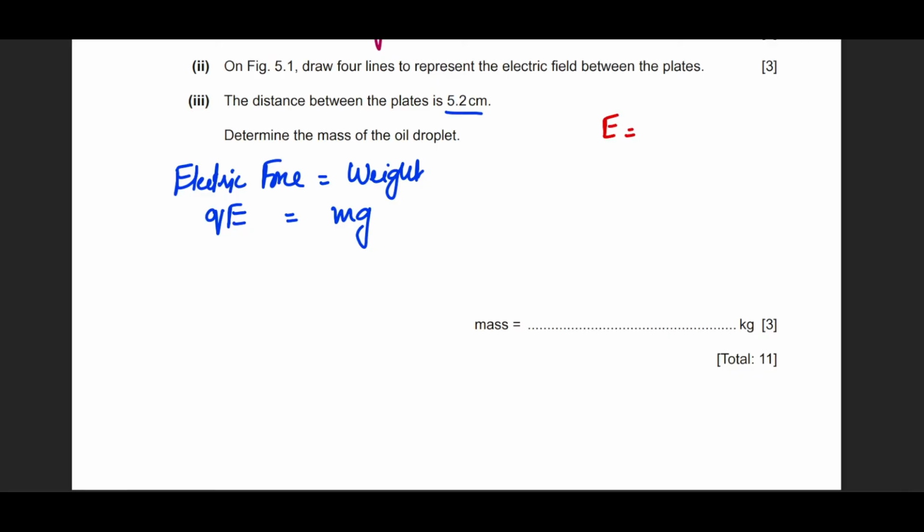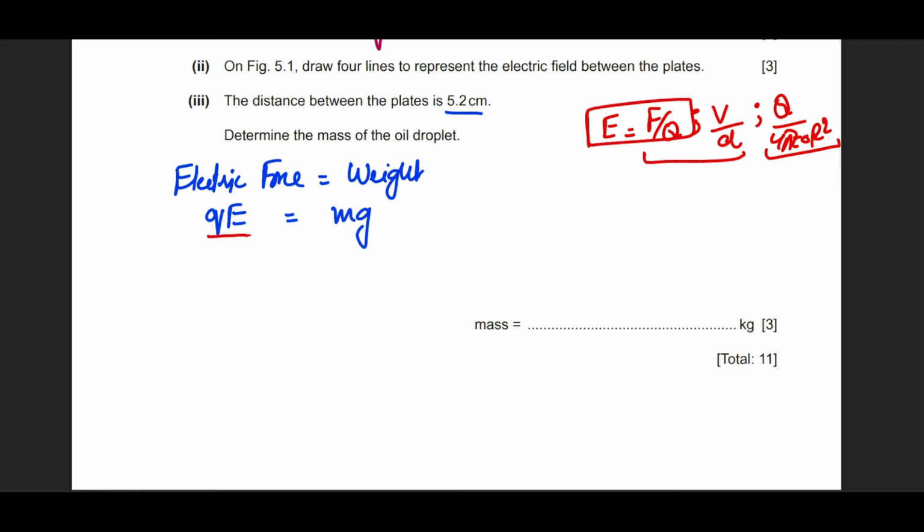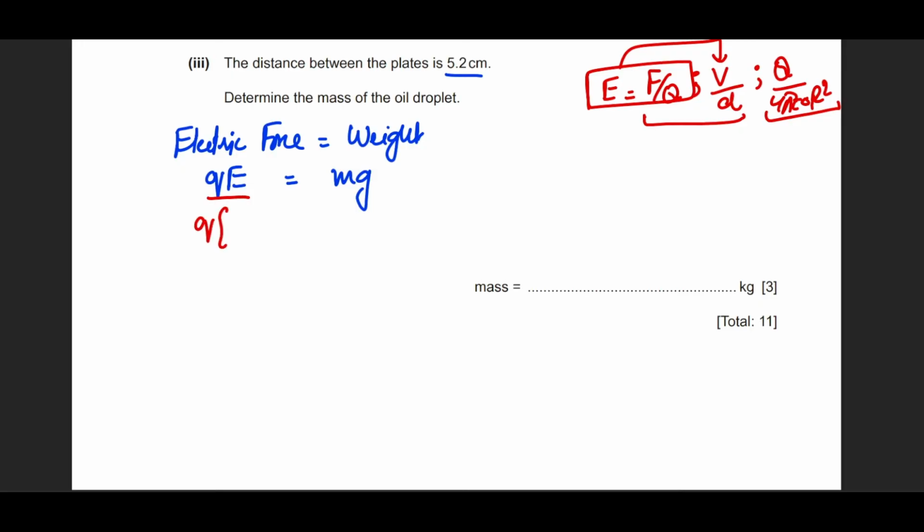Electric field is equal to force per unit charge, and voltage divided by distance between the plates, and Q divided by 4 pi epsilon naught r squared for a point charge. For plates, this is what we get. Now, this is the formula that we rearranged to get QE. So what are we left with? We're left with V by d. So E, which is V divided by d, times Q equals mg.